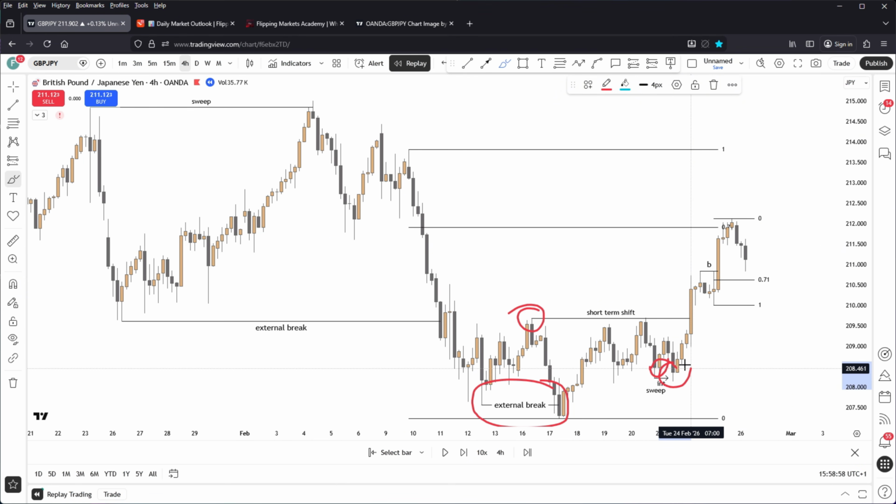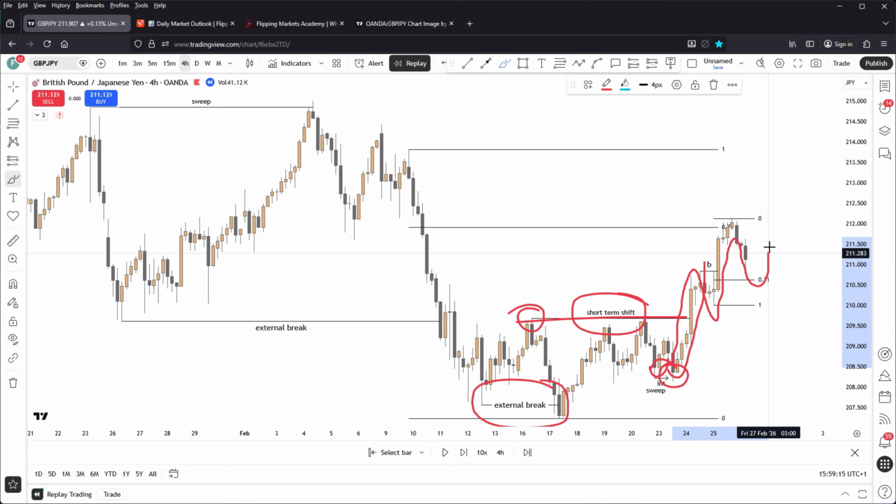From this sweep, price broke this high point, leading to a short-term shift in the order flow. What short-term shift means is that price is shifting the order flow on the short term, so it will create higher highs and higher lows until a major key level is reached, which can reverse price into the major bearish direction.